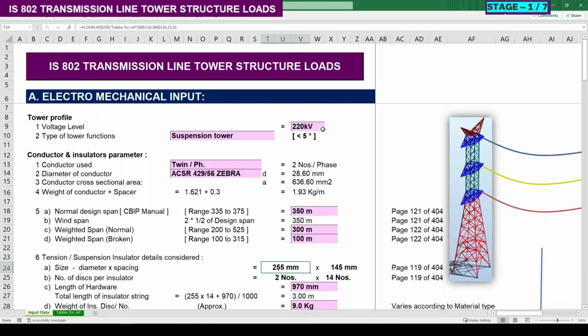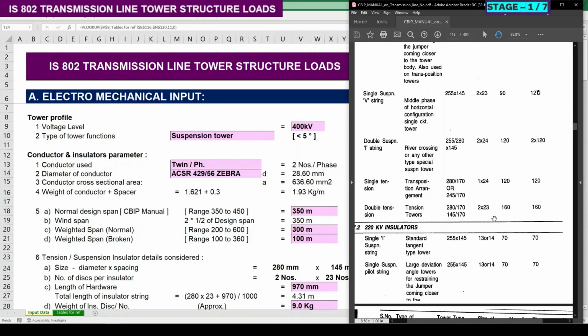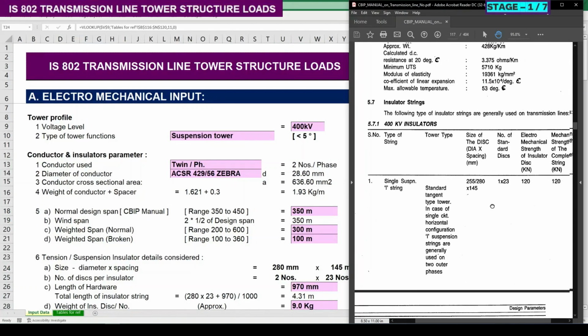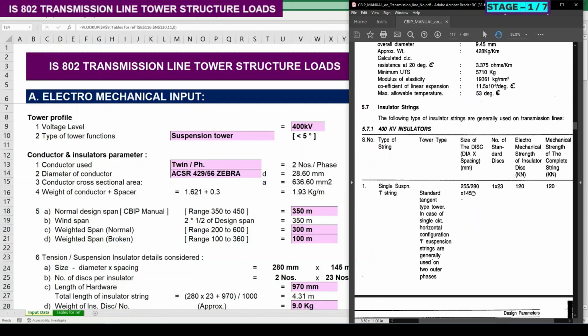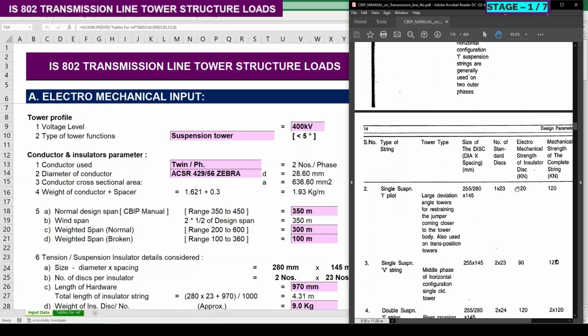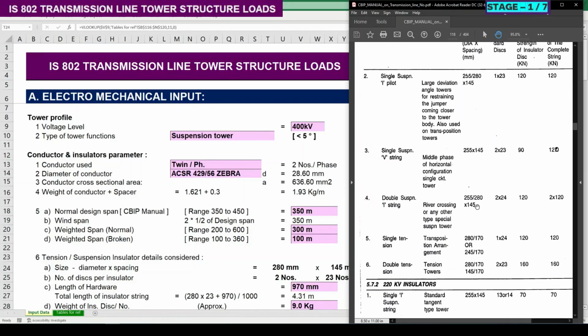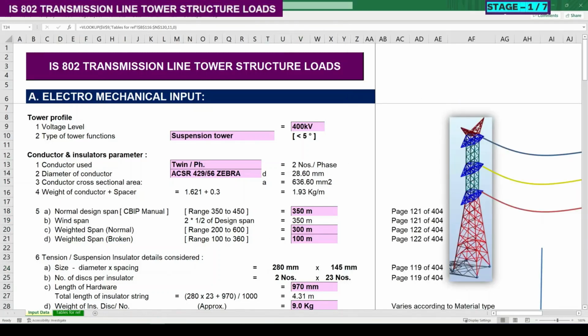If suppose we are going to design 400 kV, then the disc diameter should be 280. It is given here, you can see it is 280. For twin it is 280 or 255. Also for single it should be 1.